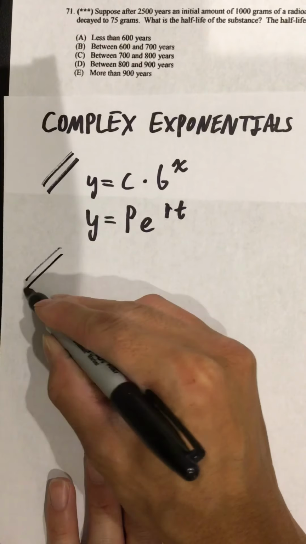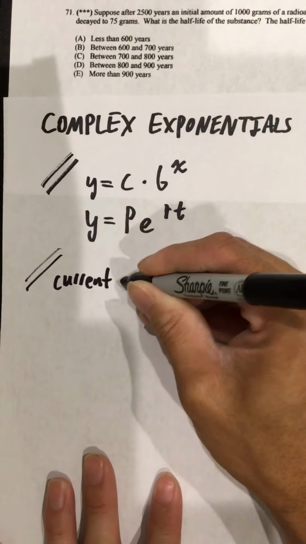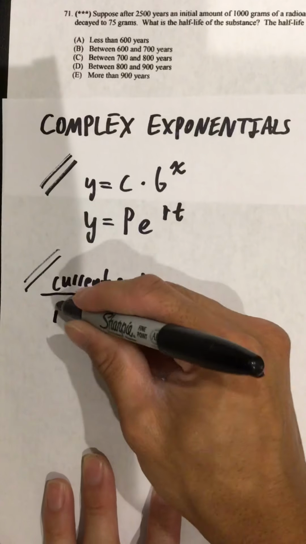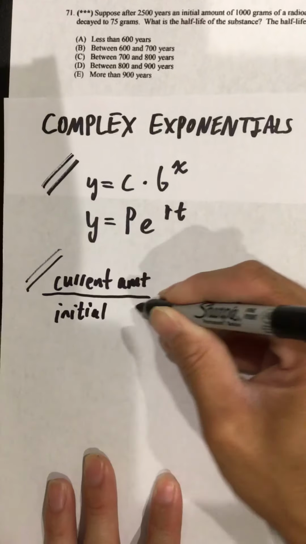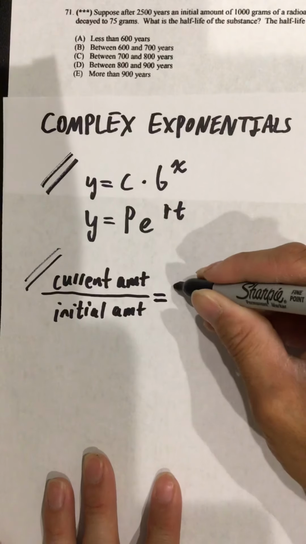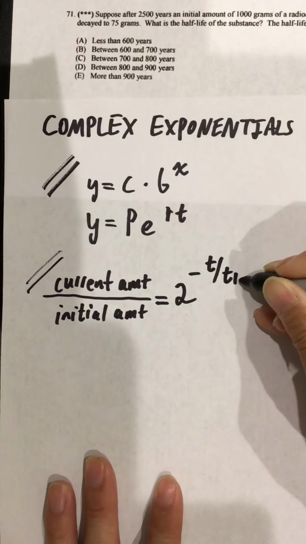And from the combination of looking at the equations like Google, using the instructor's equations, we eventually came up with this. So I'm going to write current amount divided by initial amount equals 2 to the negative t divided by t sub 1/2.